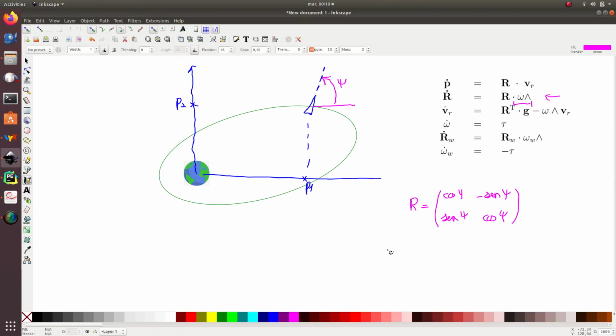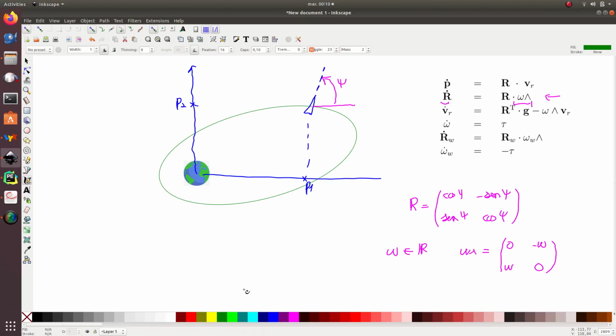Omega corresponds to the rotation rate of the satellite, so it belongs to R. But this quantity is a skew-symmetric matrix (0, minus omega; omega, 0). So it is a 2x2 matrix, and I can multiply it by R, which is a 2x2 matrix, and I will obtain the derivative of R.